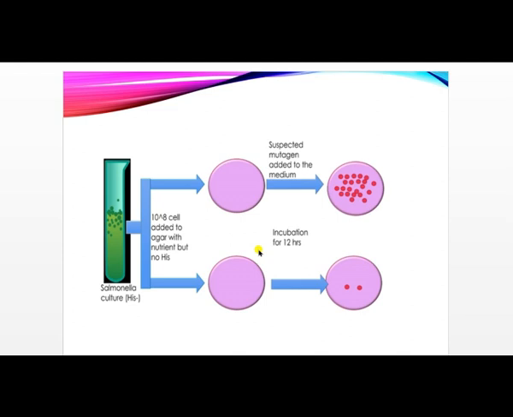Why does this result occur? In the presence of chemical mutagens, as I told, this culture is without histidine, right? Histidine is mutated. So after adding the chemical mutagen, the functioning of this bacterial cell gets reversed into the normal one and the cell can grow easily.